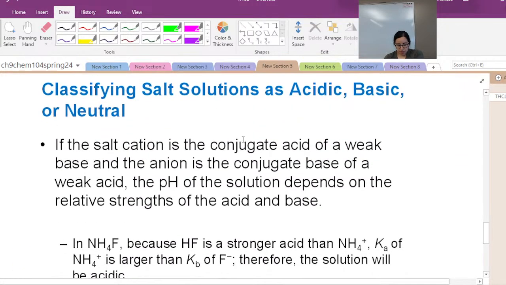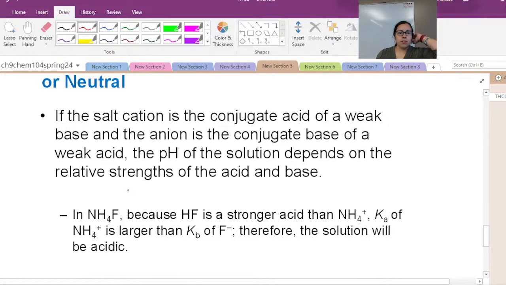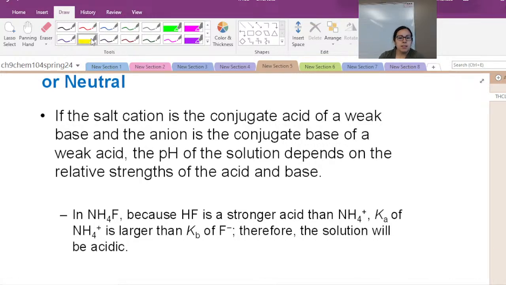And so last little bits here, we probably won't do this for our purposes, but this is just more of a what if. What if we have ammonium fluoride? The question is, is it going to be acidic or basic? That's not obvious, because we have ammonium, which is an acid, and fluoride, which we said was a basic salt. But then it says that HF is a stronger acid than ammonia.